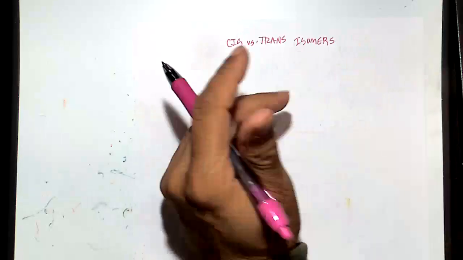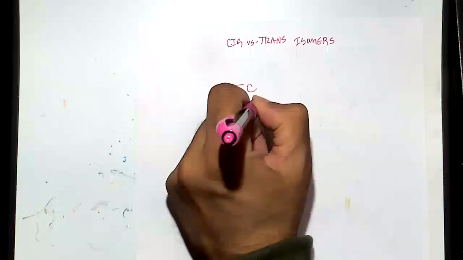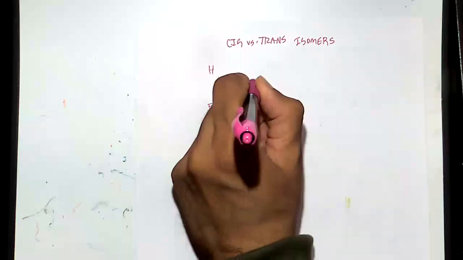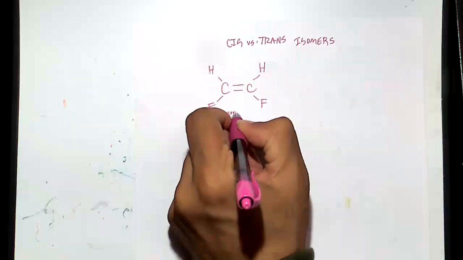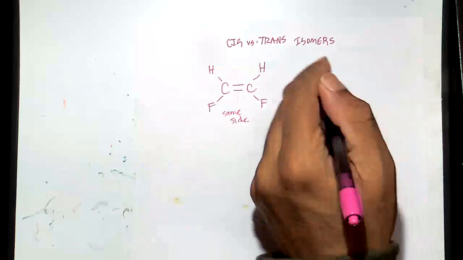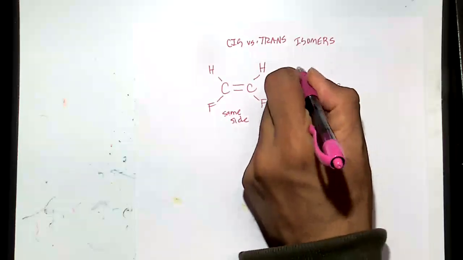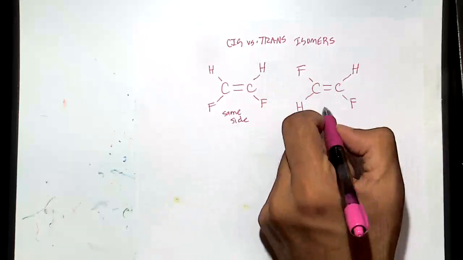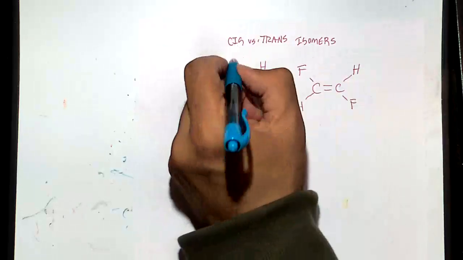Okay, first of all, what do you need? You need a double bond. And what does cis mean? Okay, cis means same side. Okay, same side of the double bond. And then where is trans? Opposite side. Opposite side. Okay, so we have cis and trans.